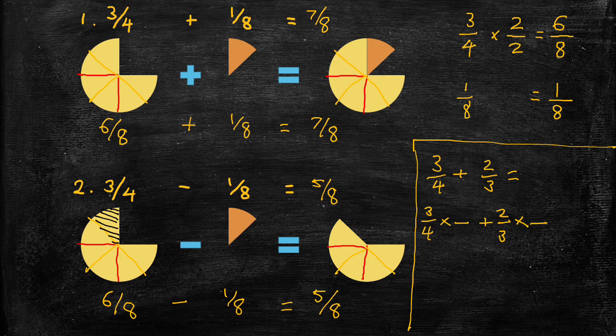So what do I need to multiply 3/4 by to get 12 in the denominator? Well, 3 is going to work. And then what do I need to multiply 2/3 by to get 12 in the denominator? Well, if I have 4 over 4.